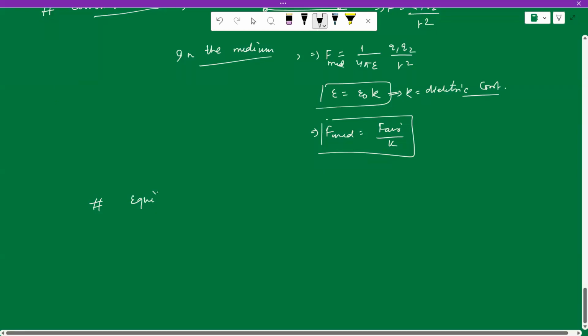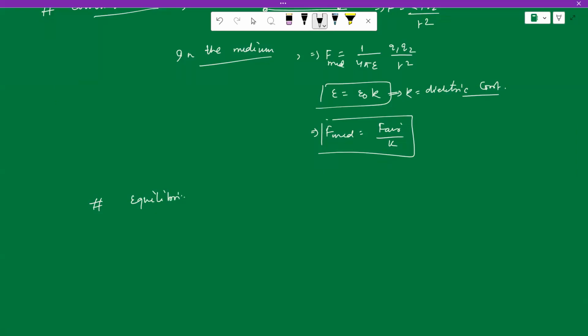So what does this equilibrium condition say? It will be of two types. One is that only one point is at equilibrium, right?